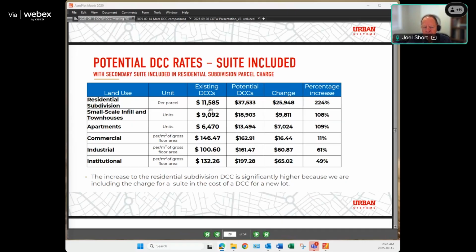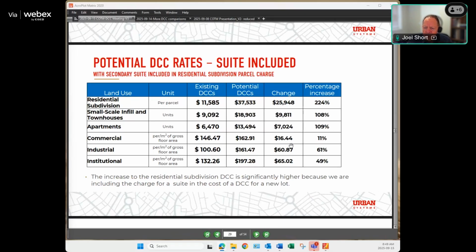Small scale infill and townhouses isn't an exact comparison, but it is pretty similar to what would have been medium density previously. It goes from about 9,000 to about 18,000, an increase of about 9,800, so a little over 100%. Apartments go from about 6,500 to about 13,500, a change of about 7,000, or 109%.